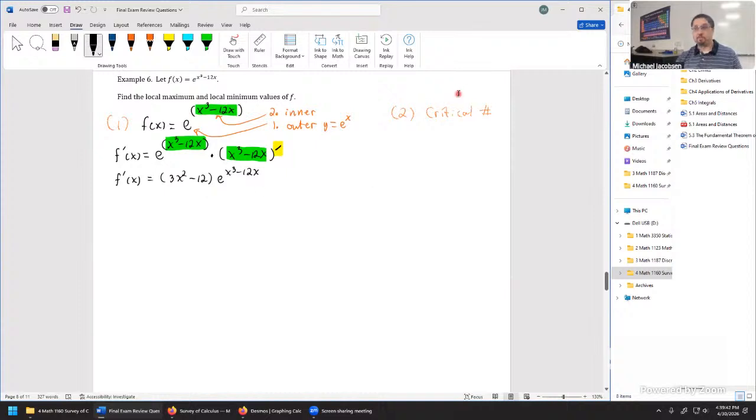When it says get the critical number, all we're doing on the second step is solving the derivative of f at x set to 0. So if we're setting this to 0, all we're taking is that whole thing, 3x squared minus 12 e to the power x cubed minus 12x.